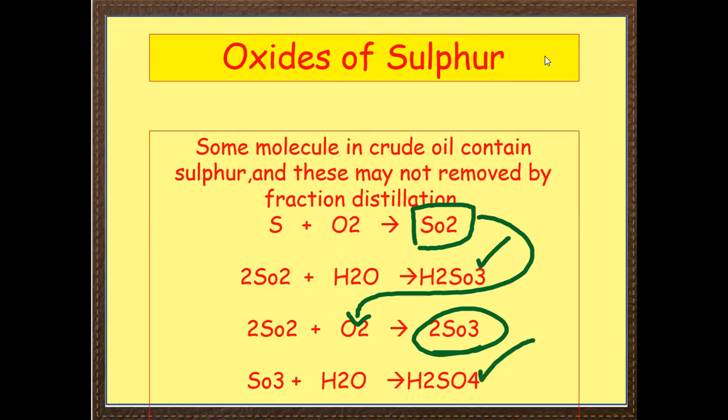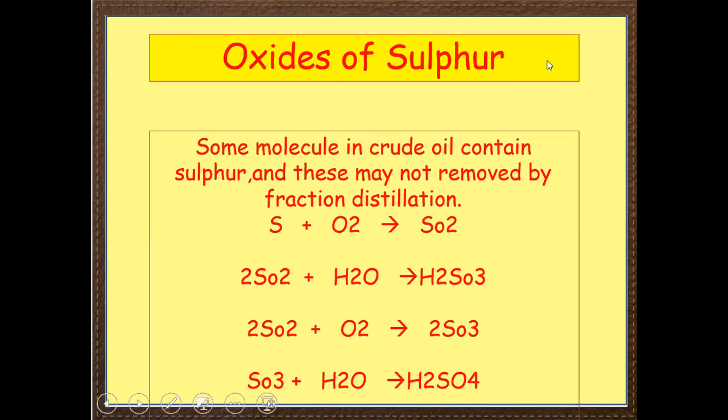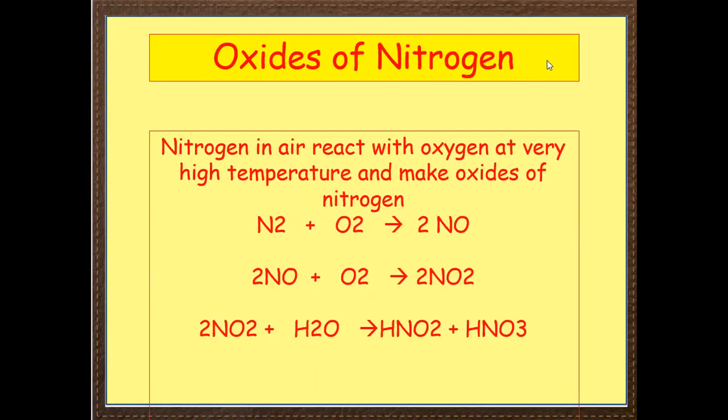And what do both acids do? They are very dangerous for living things, for aquatic life, for our buildings, even for crops. The next one is oxides of nitrogen. In the same way, nitrogen is present in the air. When it comes in contact with oxygen, not normally, high temperature is needed for this, it will make nitrous oxides.